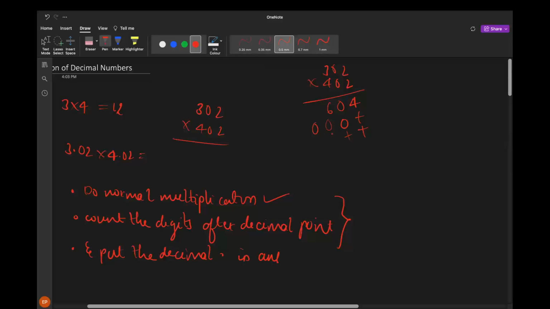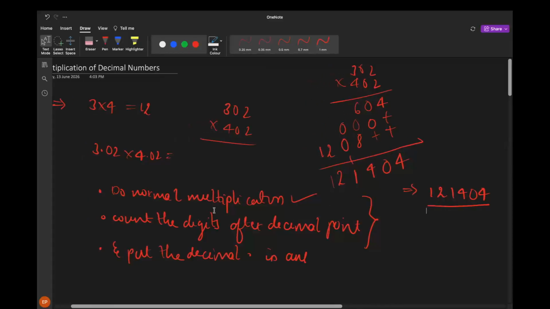Now 4 2s are 8, 4 0s are 0, 4 3s are 12. What is the answer? 4, 0 plus 0, 0, 6 plus 8, 14, 1 carry 1, 2, 1. What is the answer with normal multiplication? 121404, right? Remember this answer.